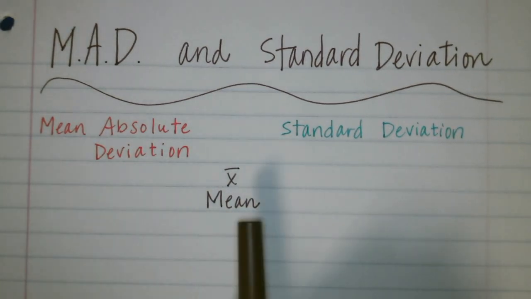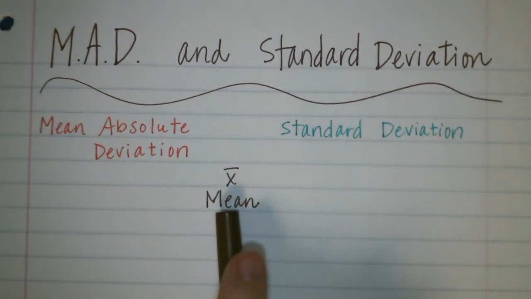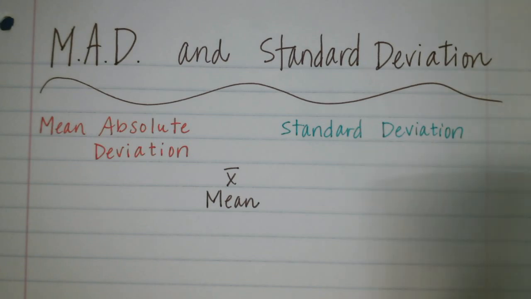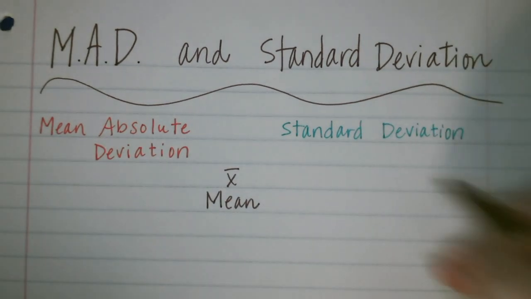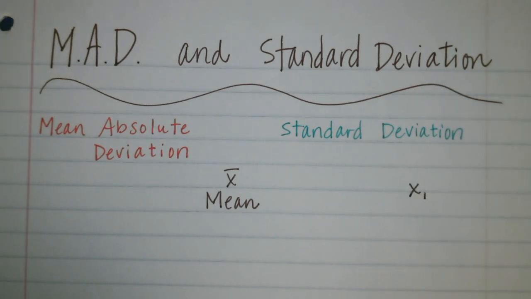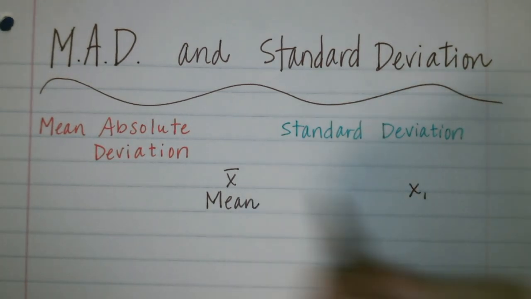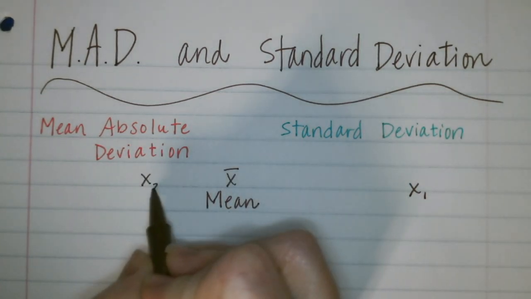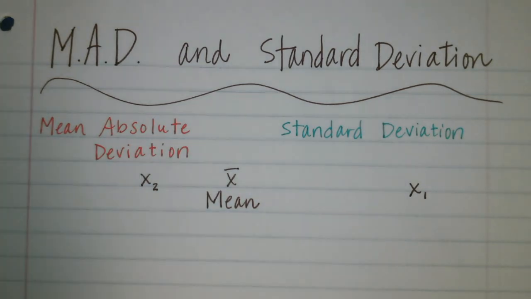What we're looking at for deviation is how far our scores differ or deviate from the mean. If we have a score way out here, I'm going to call it X1, this score deviates a lot more from the average than this score does.